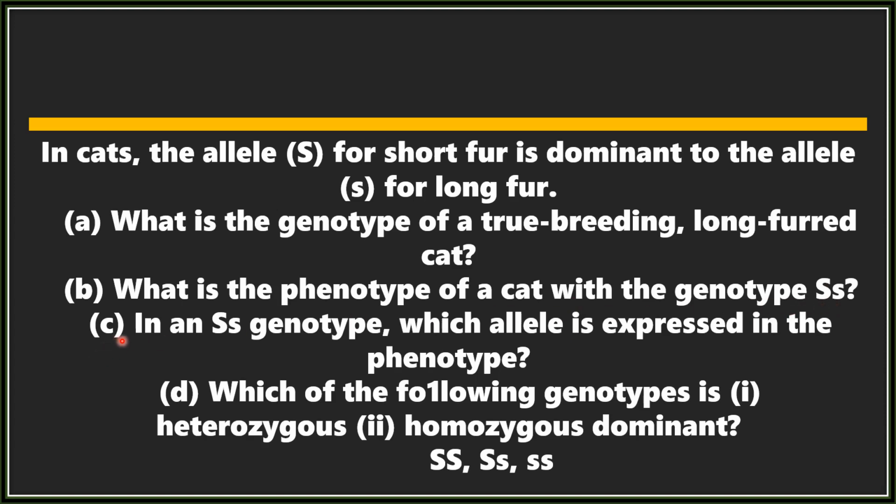C. In any capital S small s genotype, which allele is expressed in the phenotype? D. Which of the following genotypes is heterozygous, homozygous dominant? Capital S capital S, capital S small s, small s small s.